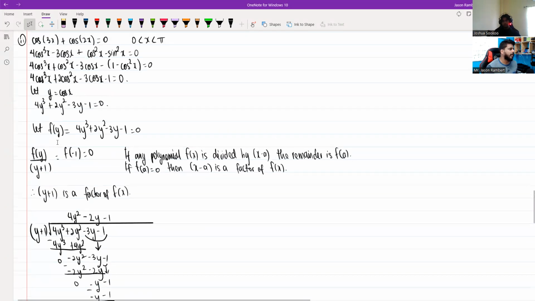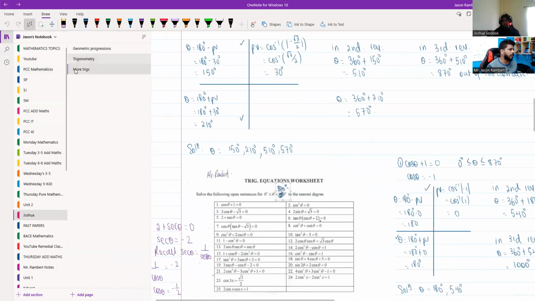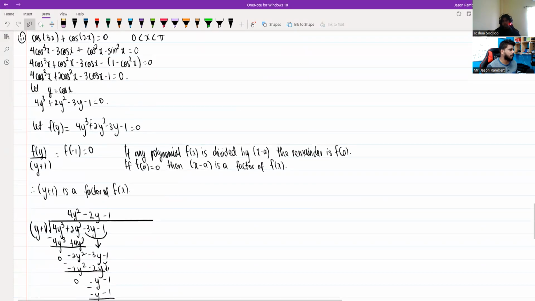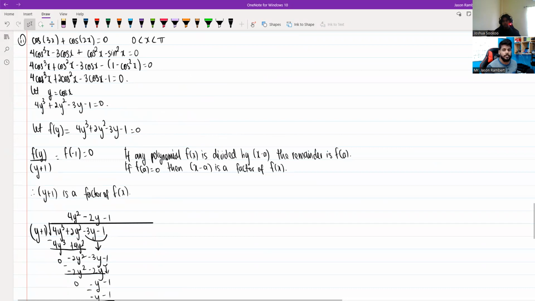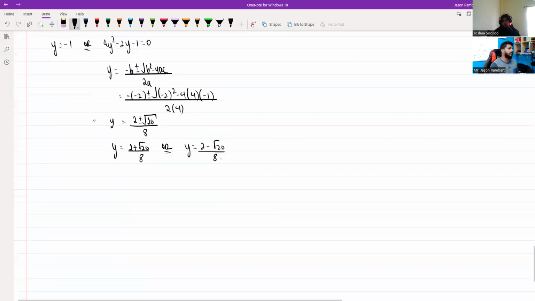Remember, we let y equal cosine x. So I'll give them a little recall here. Y was equal to cosine of x.